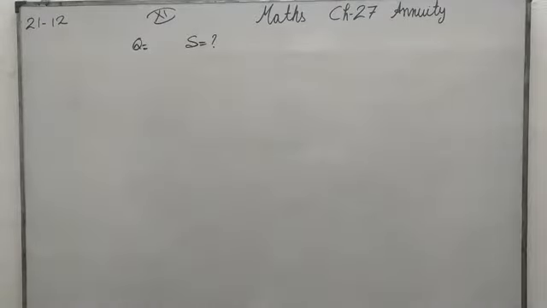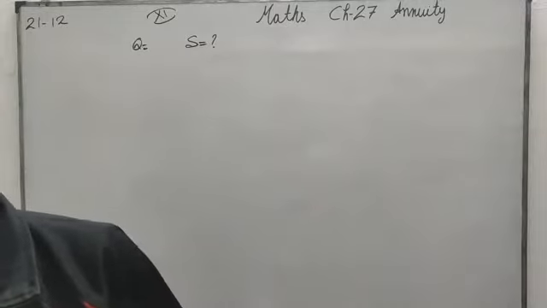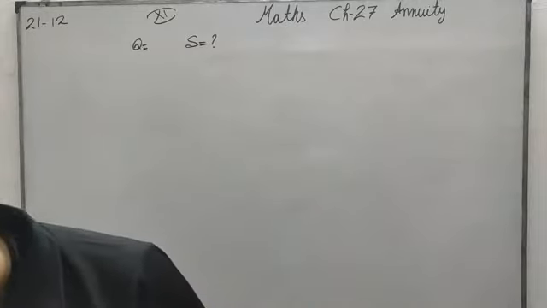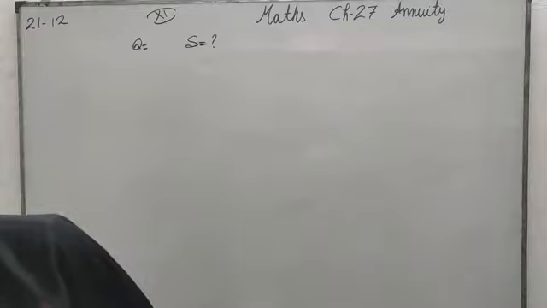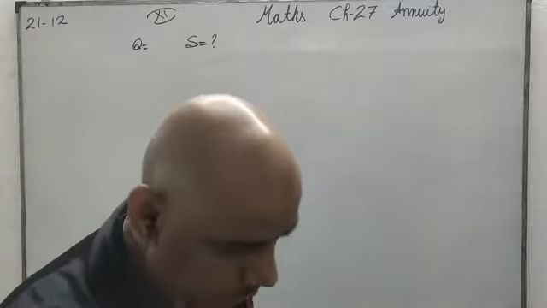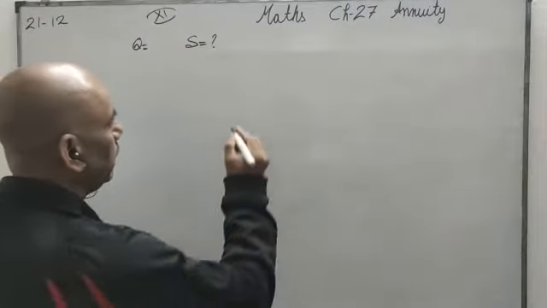Quarterly is there. Find the amount of an ordinary annuity if a payment of rupees 500 is made at the end of every quarter, for 10 years, and at the rate of 8% per annum, compounded quarterly. So this way we got the question in which quarterly is used.